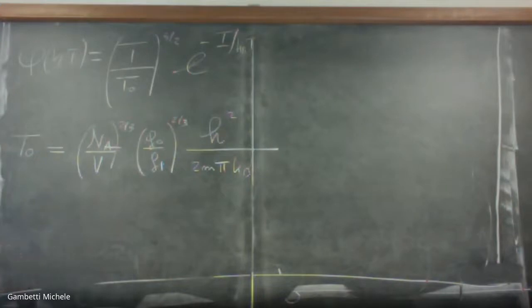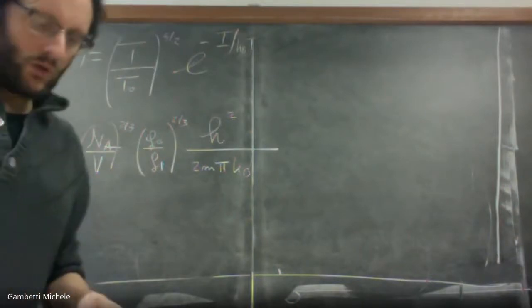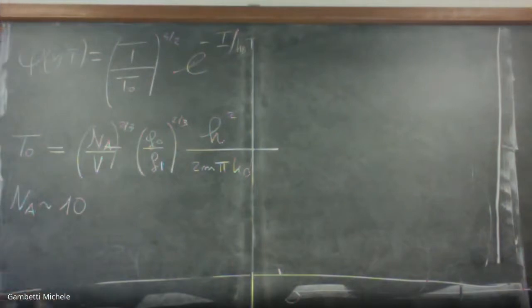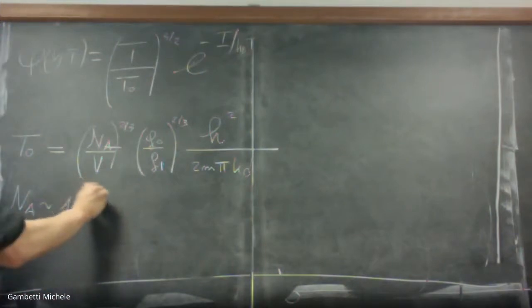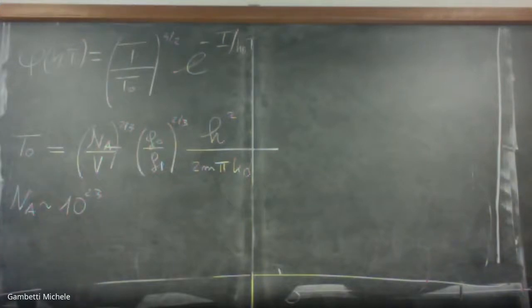Okay, so let's try to estimate this number. So let me take NA equal to a number typical of a macroscopic system, which would be something like 10 to the 23, as a scale of Avogadro number.